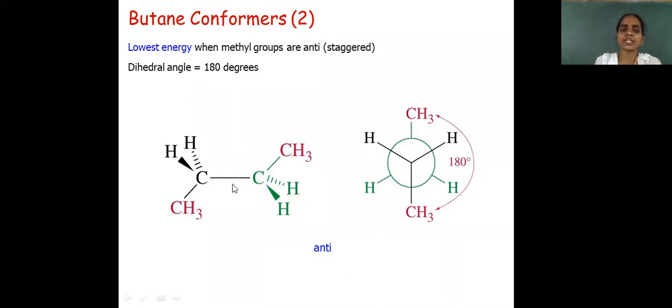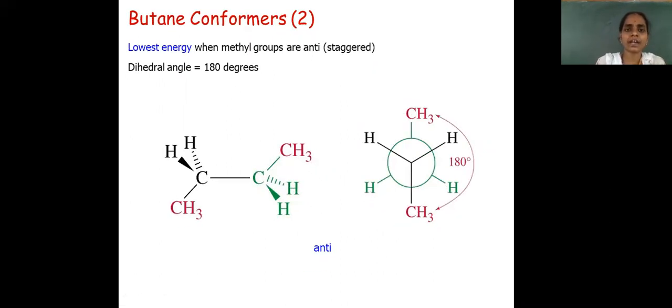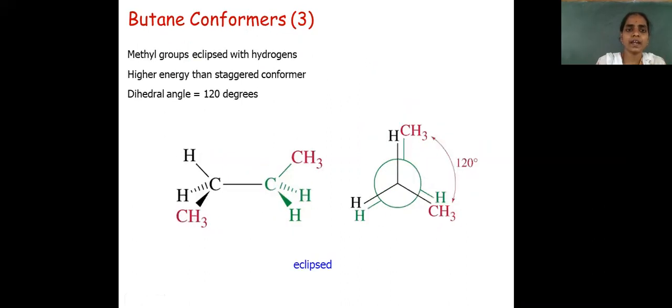Even the n-butane structure can also be called 2,3-dimethyl ethane, or 1,2-dimethyl ethane, since the methyl groups are on the first and second carbon. This is how we can represent a Newman projection, by taking a point and a circle. That is the conformation of n-butane.